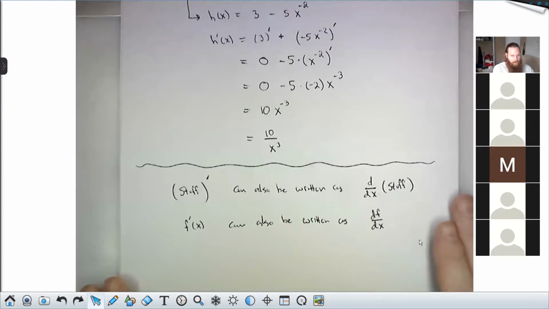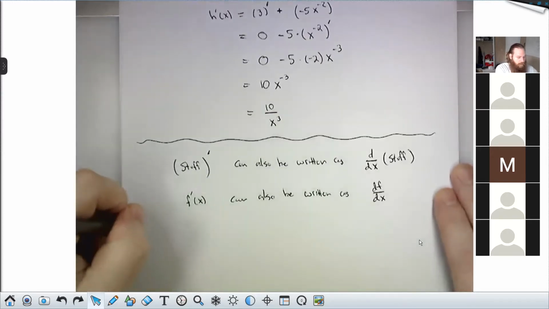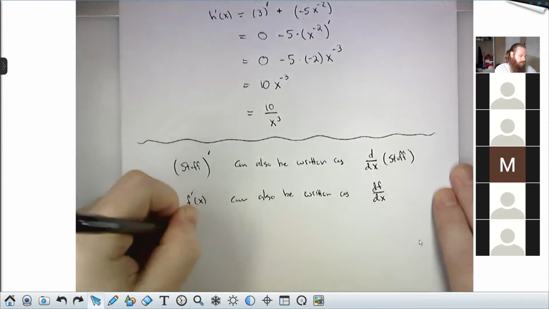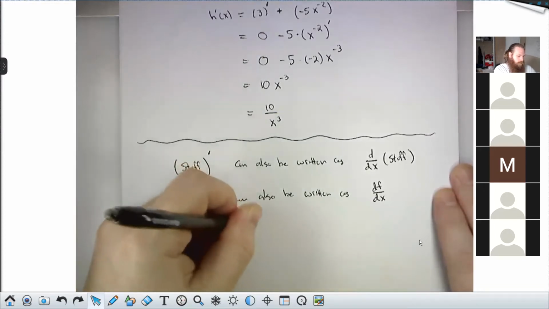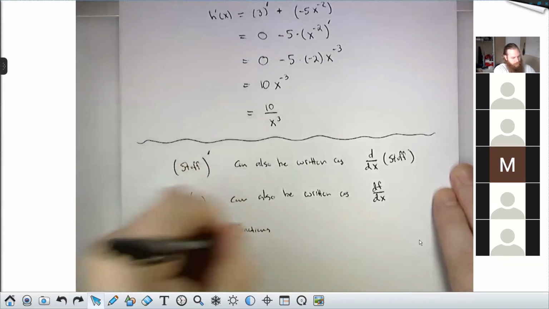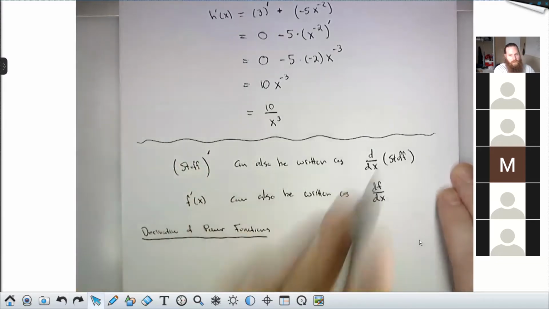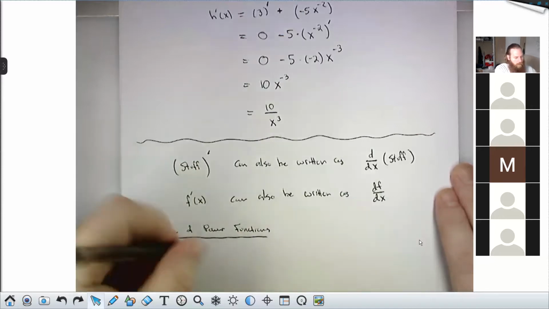So I'd like to share with you the derivative rules that we learned today. The notation over here with the d and the dx is called Leibniz notation, named after Gottfried Wilhelm Leibniz, one of the discoverers of calculus.